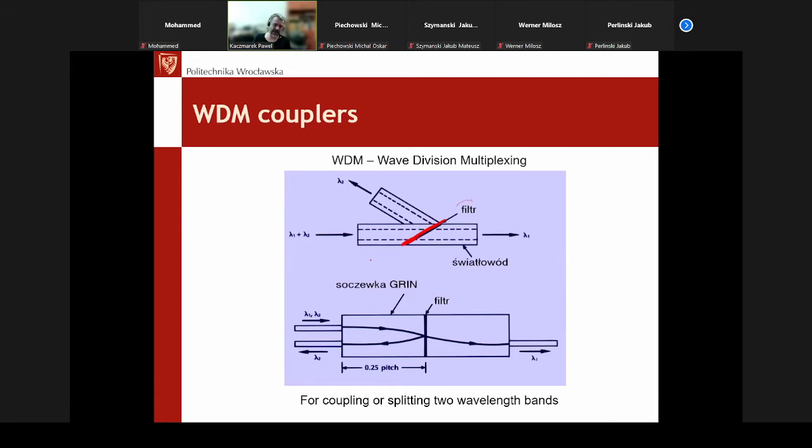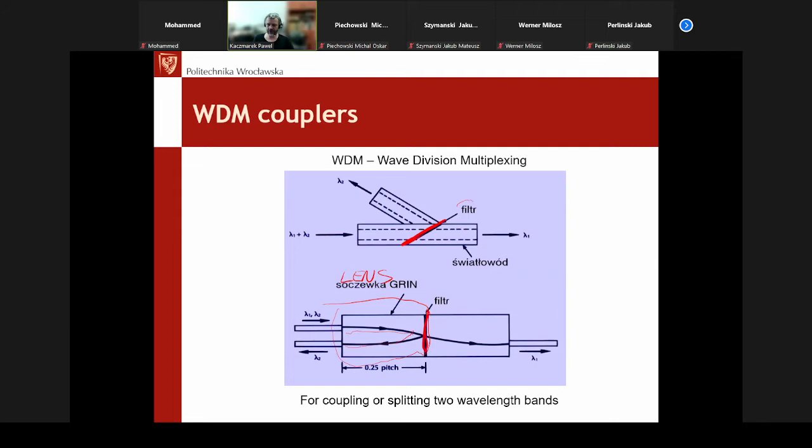They can be made differently, using some, this should be a lens, a GRIN lens. In fact, GRIN is taken from gradient index, so it works more or less like a gradient index fiber. This cylindrical structure, which is bending the rays propagating inside of it, allows us to quite easily couple the optical fibers to such a structure.